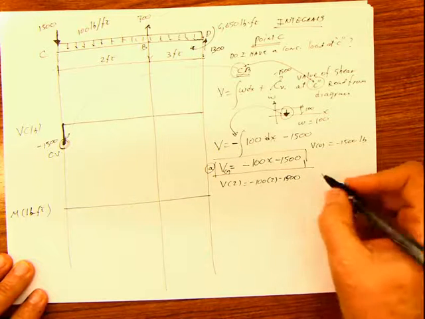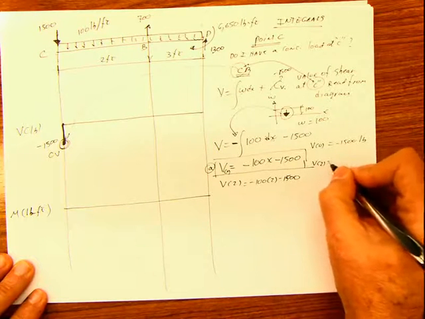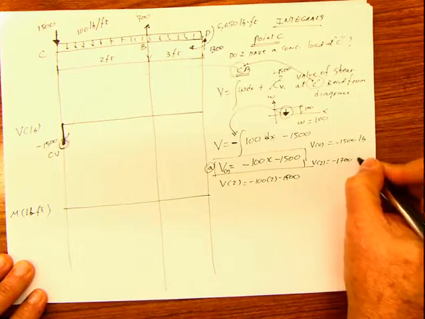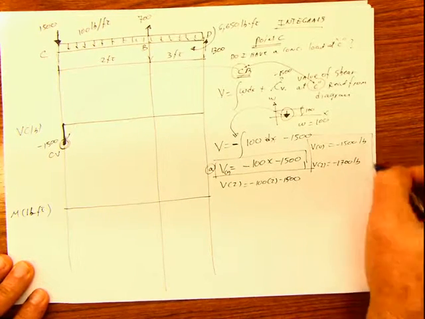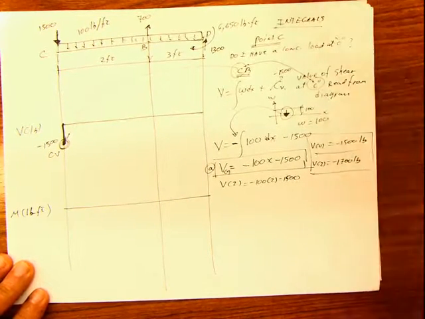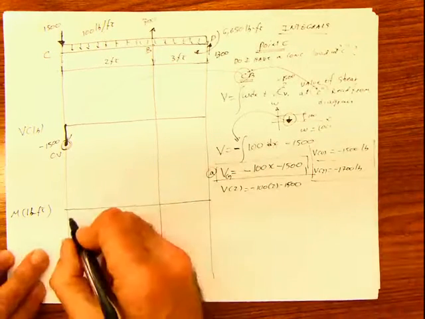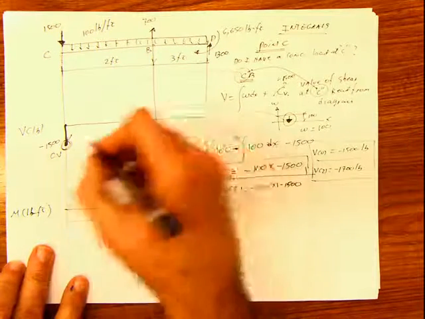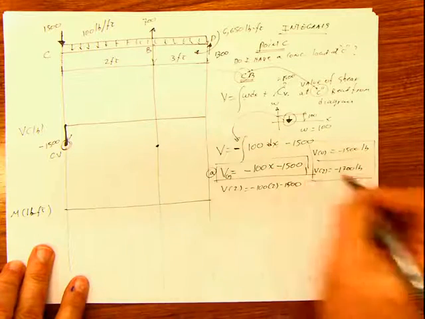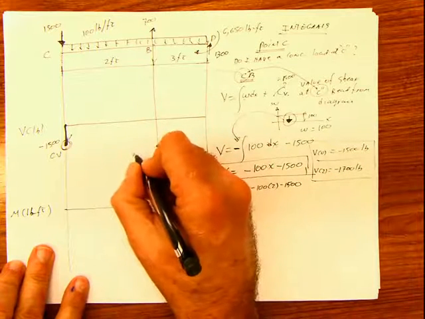And this is going to be V of 2 equal negative 1700 pounds. Box your answers, put your units. That means here now is going to be negative 1700.